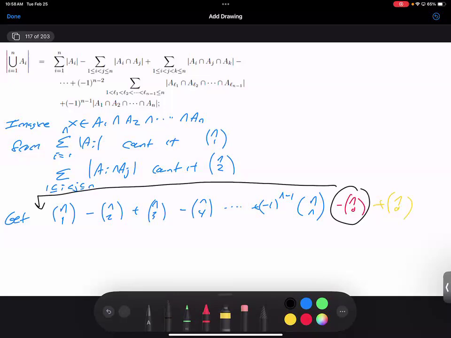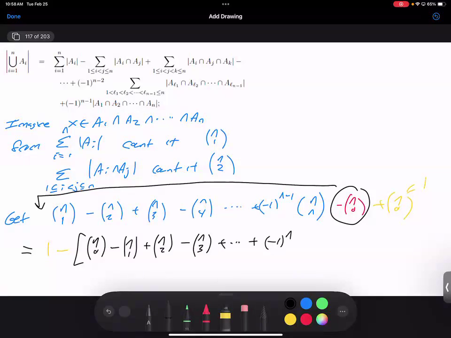So this is really the same as, and of course, n choose 0 is just 1, 1 minus, and then I'm going to pull out a minus from everything: n choose 0, minus n choose 1, plus n choose 2, minus n choose 3, plus, and so on, plus (-1)^n n choose n, because I pulled out a minus sign.